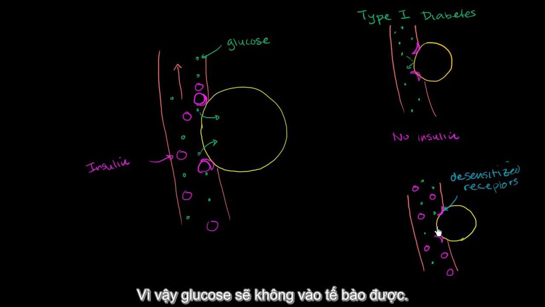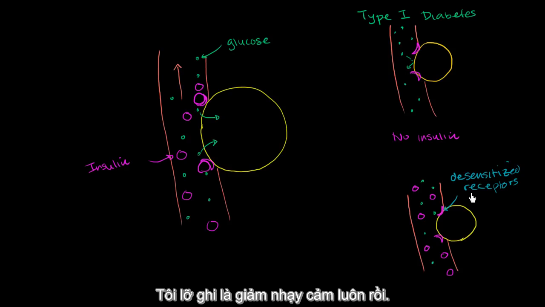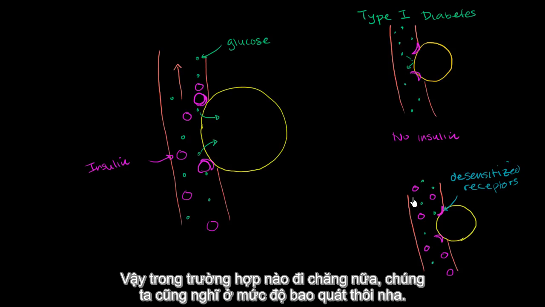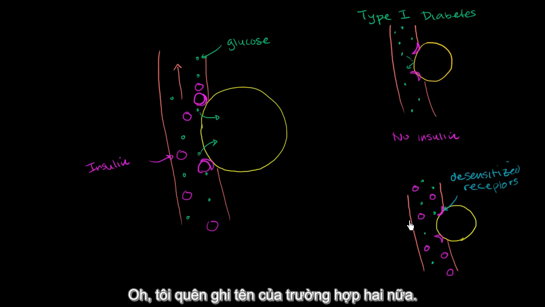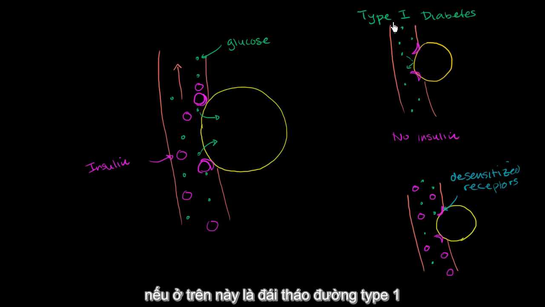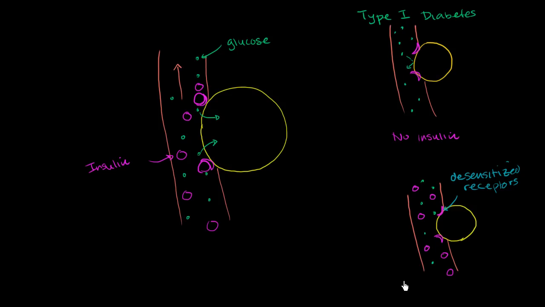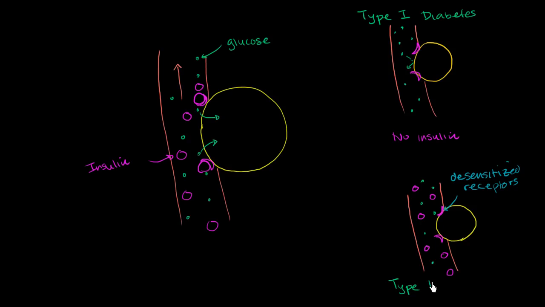So the glucose will not enter the cell. And so in either one of these scenarios, let's just think at a very broad level. I'm not going to go into the details of the actual therapy for these diseases, of how it can be cured. Oh, and I didn't even name the second one. The second one right here, as you can imagine, if this up here is type 1 diabetes, this down here is type 2 diabetes.